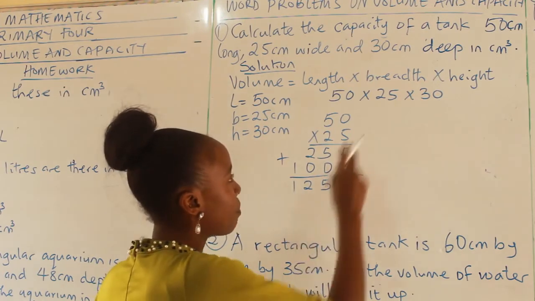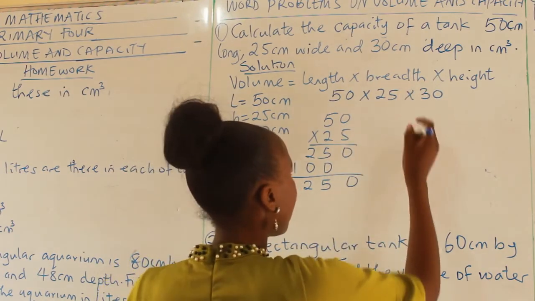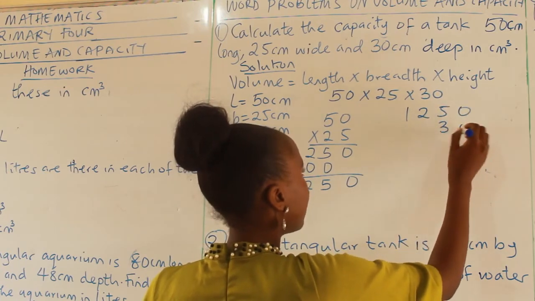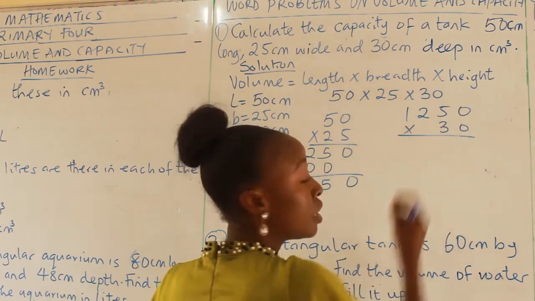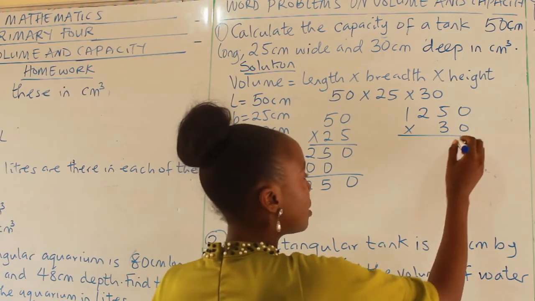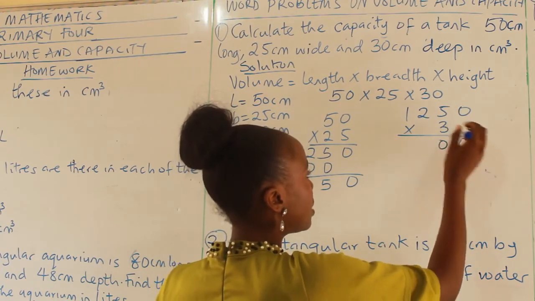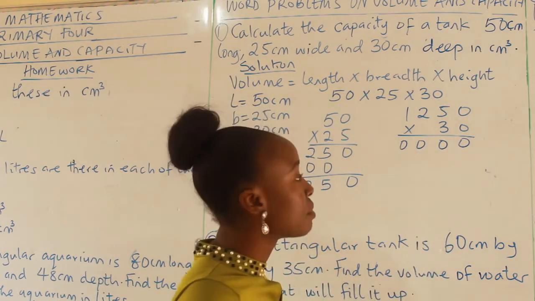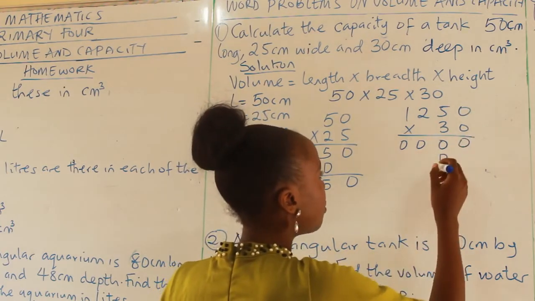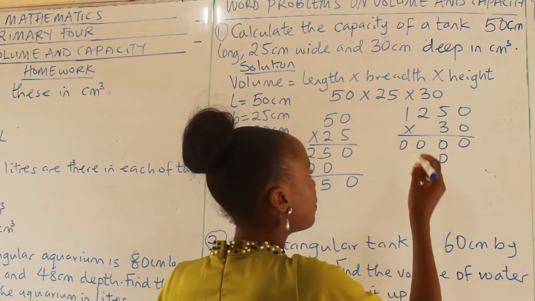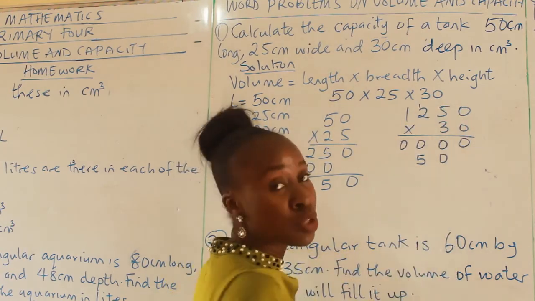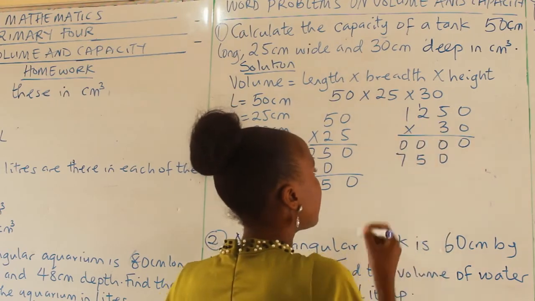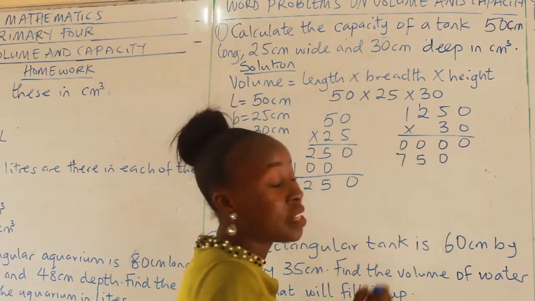Now we multiply this answer by 30. And so I have 1,250 multiplied by 30. 0 times 0, 0. 0 times 5, 0. 0 times 2, 0. 0 times 1, 0. Now 3 times 0, 0. 3 times 5, 15. Carry 1. 3 times 2, 6 plus 1, 7. 3 times 1 is 3.